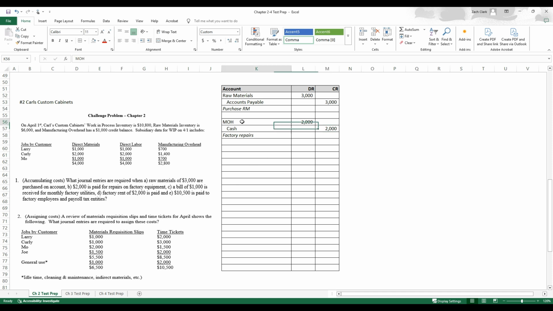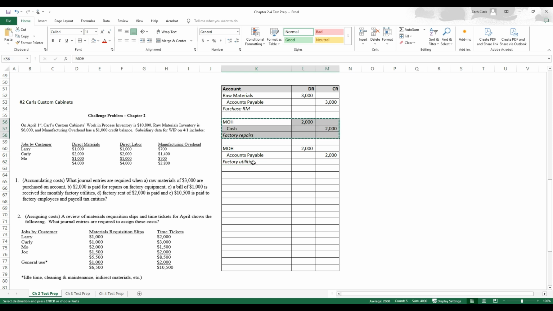A bill of $1,000 was received for monthly factory utilities. So again, that's an overhead cost. It says the bill was received. It doesn't say it was paid yet, so we're going to go to accounts payable for our credit there. And what else? Factory rent is paid.